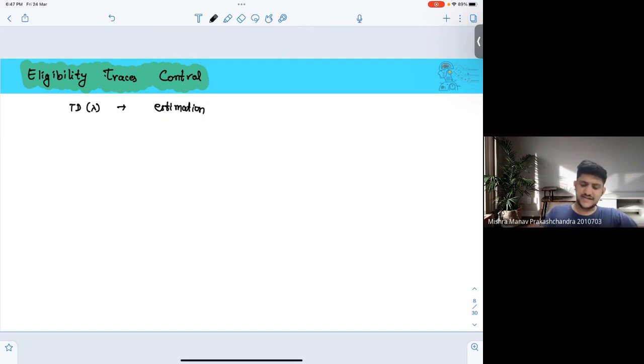So in order to do that, I need to look at some sort of control methods in which I can recover the optimal policy pi.